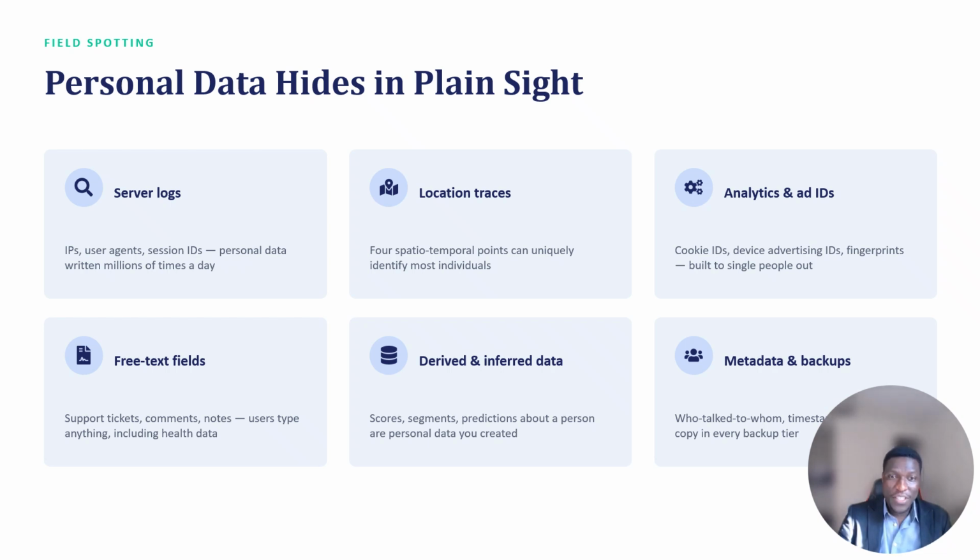The next, which I call the wildcard, is the free text field, because users can type in anything. Looking at your support tickets, you find users putting in things like health information, financial data. These are places where teams typically wouldn't look to identify personal data. The next, which I think is one of the most important, is derived data.